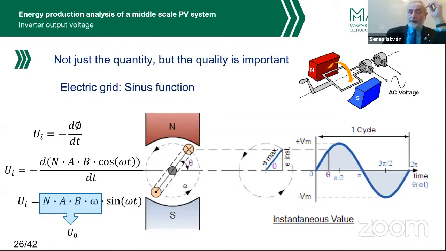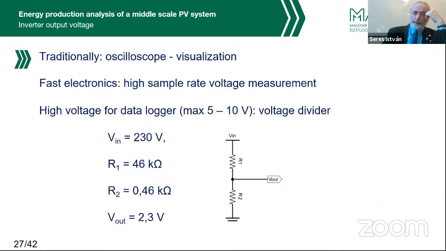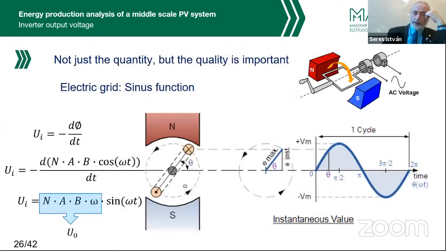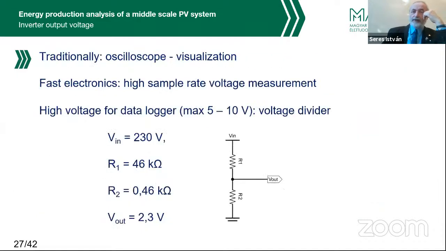This frequency in Hungary and in Europe is 50 Hertz, but it can vary in the world. In America, for example, they use 60 Hertz as a grid frequency. So actually, we made with students a very simple measurement circuit.